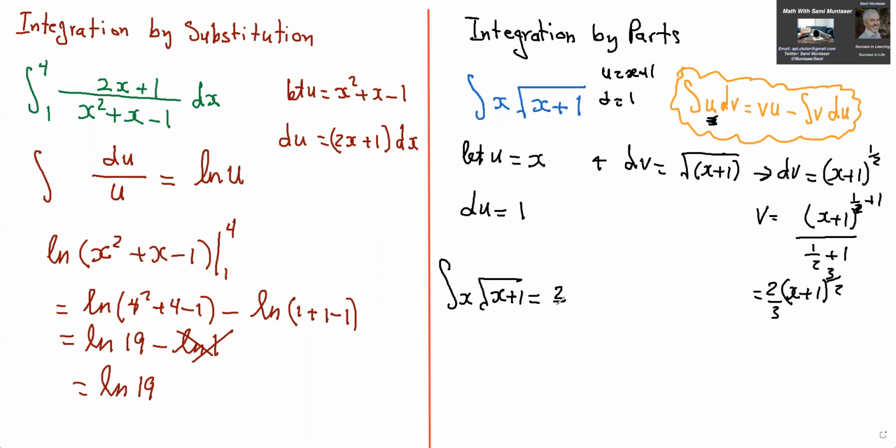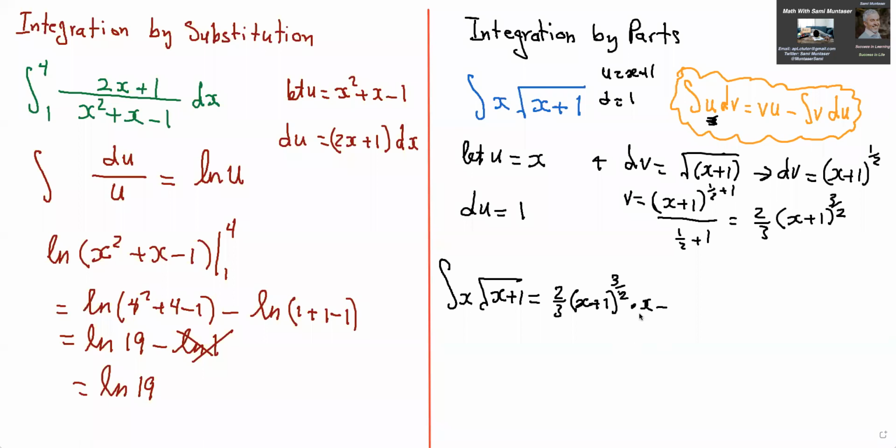So 2/3 x plus 1 to the 3 halves, that's v, times x, minus the integration of v. If you just give me a second, I'm going to move all of this to the top here and then be able to fit all of this in there.